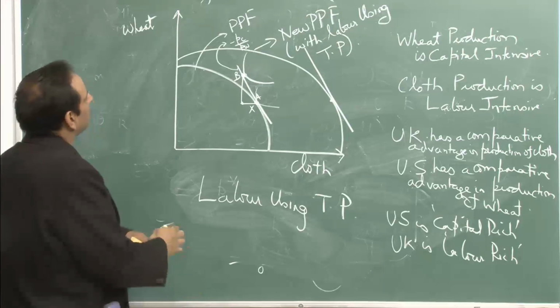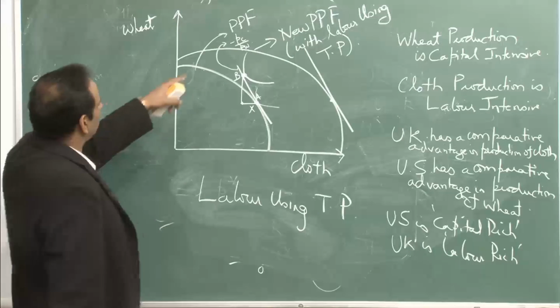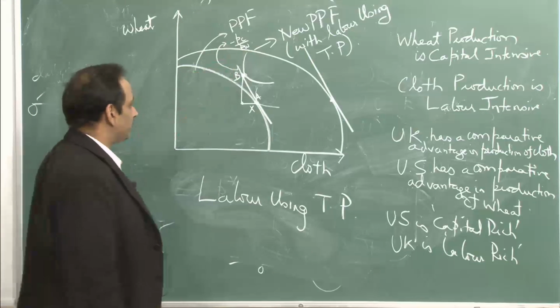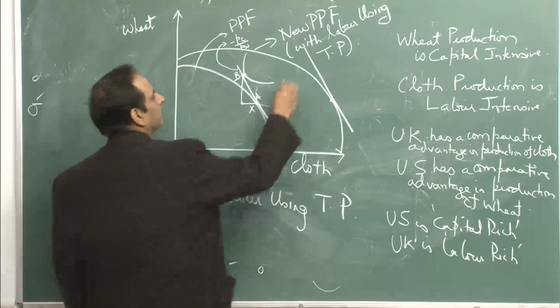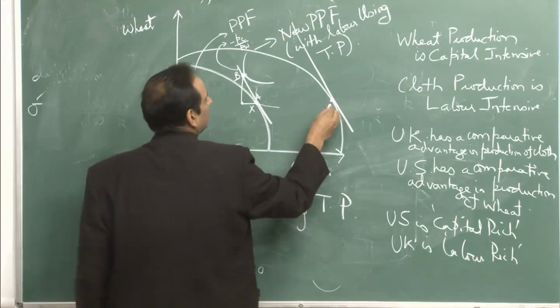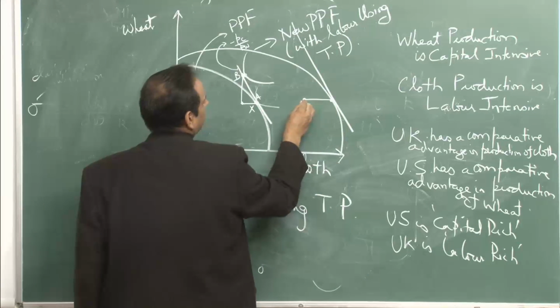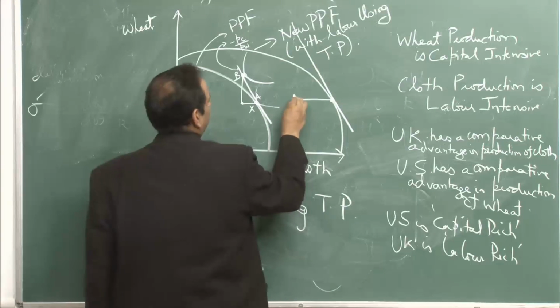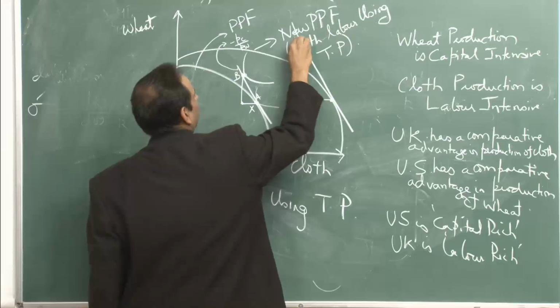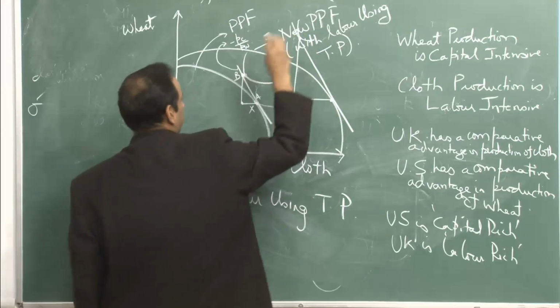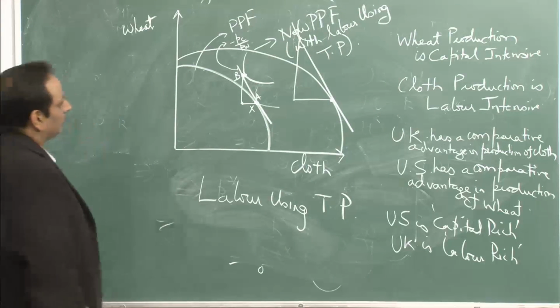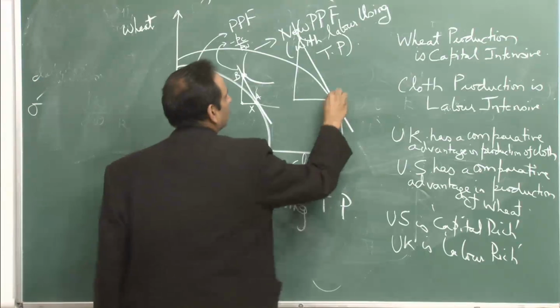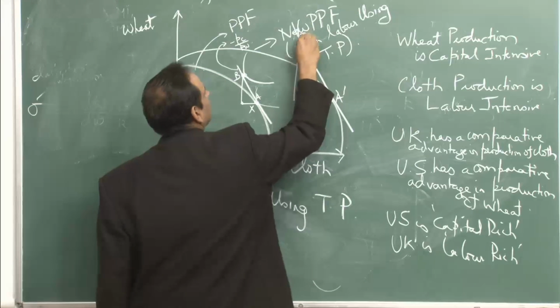If after the technological progress you had assumed the same relative prices, then you would have exported this much of cloth, imported this much of wheat, and you would have reached a point like this. So you would have moved from A dash to B dash.